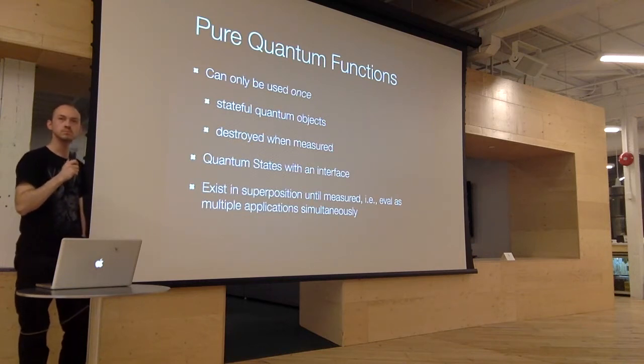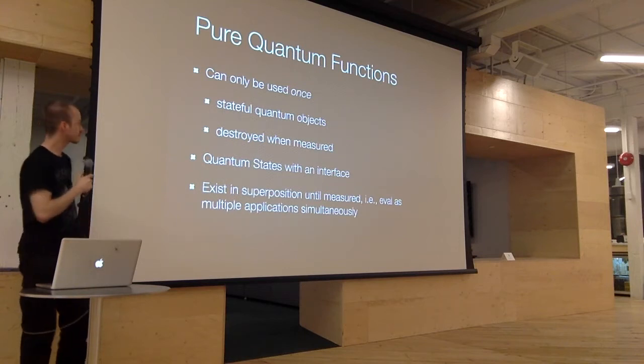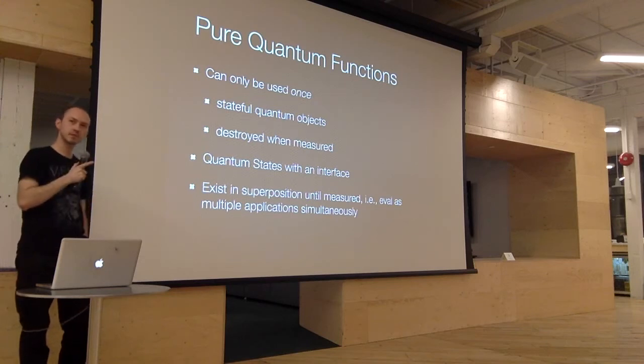So it seems like there's lots of state going on here. You said that you can almost think of them like objects, so in what sense are they pure functions? Because when I think pure function, I think of something that is repeatable and all that. They're pure in the quantum sense more than in the functional sense, and this is the terminology used in the paper.